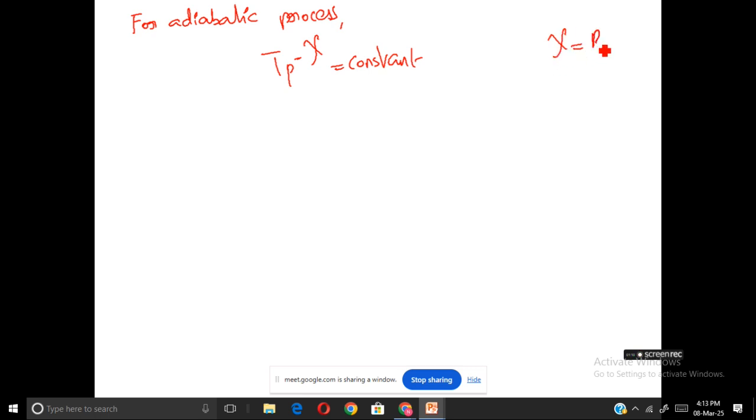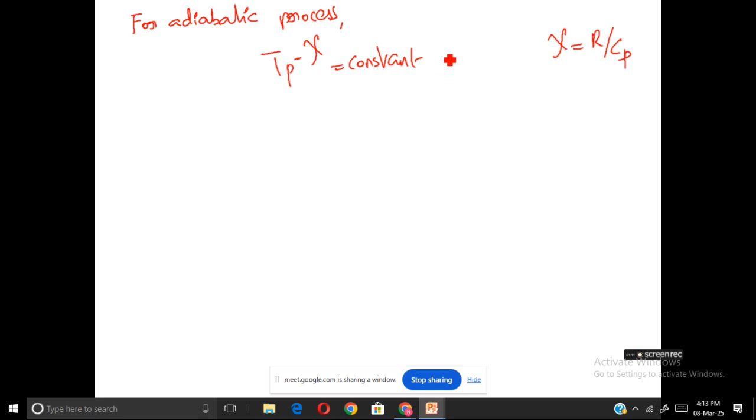For adiabatic processes, the equation of state is basically written as T p raised to minus chi is equal to a constant, where chi is given by R by Cp. This is known as Poisson's equation.